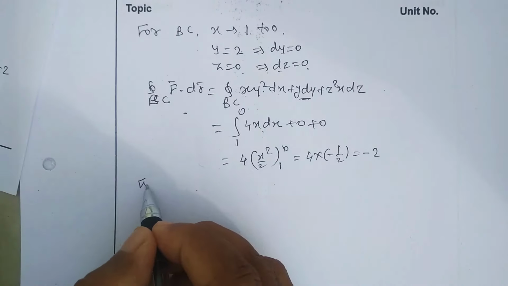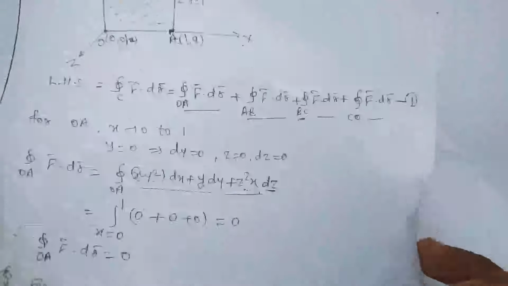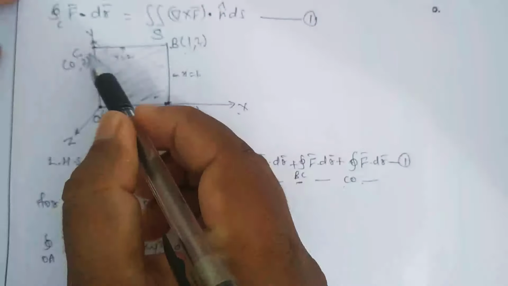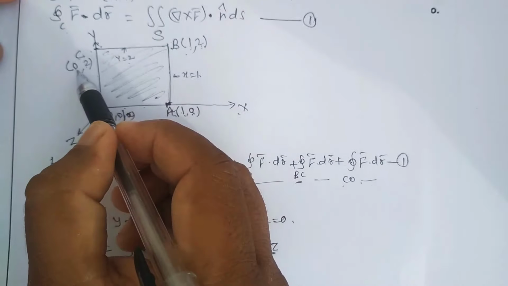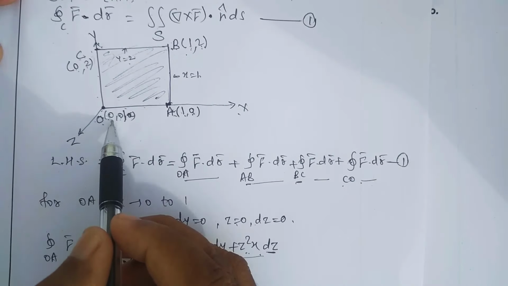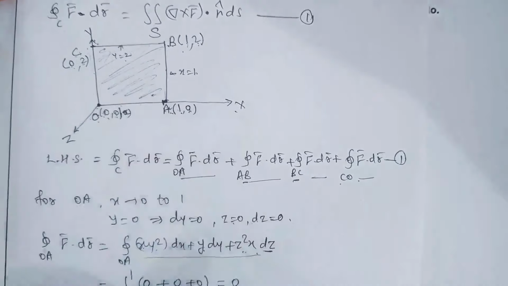Now for the fourth line integral, over the line CO. For the line CO, see, the x coordinate is 0 here, and here also the x coordinate is 0. So x is fixed as 0, and here y varies from 2 to 0.